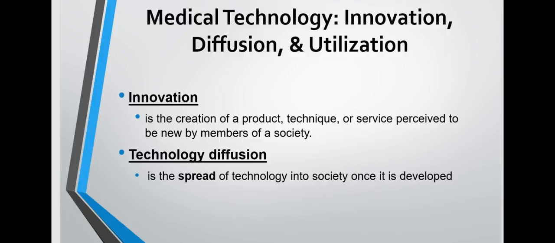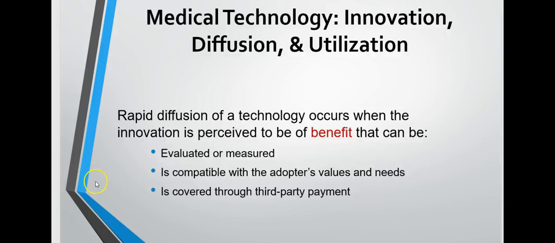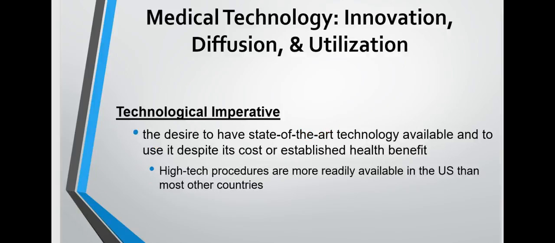It's really the spread of technology into society once it's developed. So rapid diffusion of a technology occurs when the innovation is perceived to be beneficial, so it can be evaluated or measured, it's compatible with the adopter's values and needs, and it's covered through third-party payments.